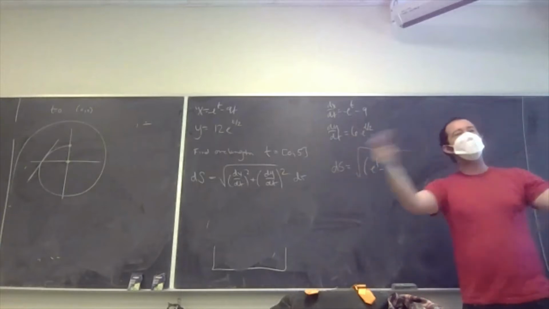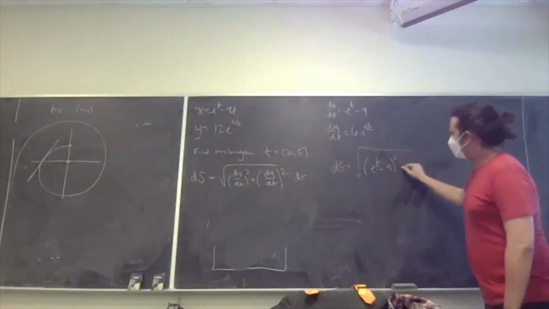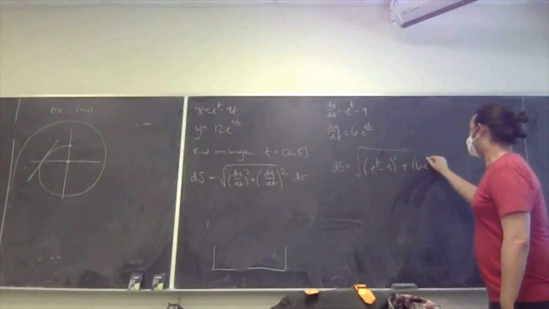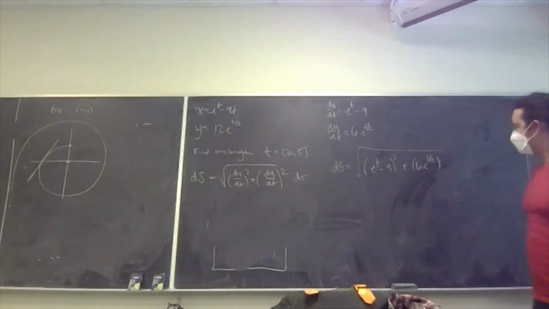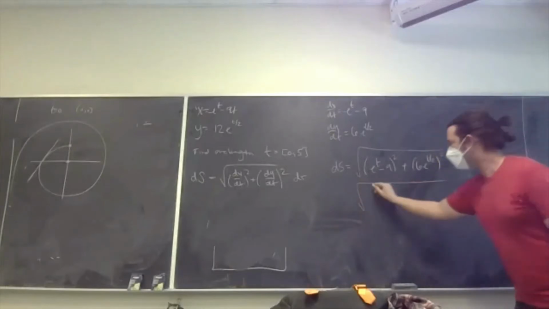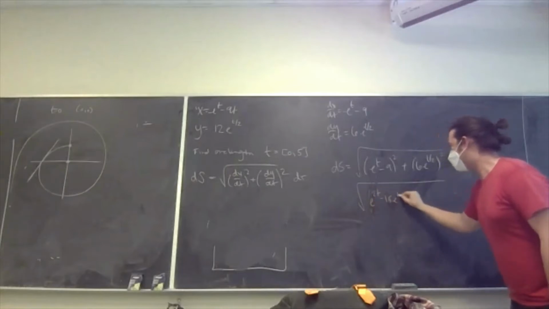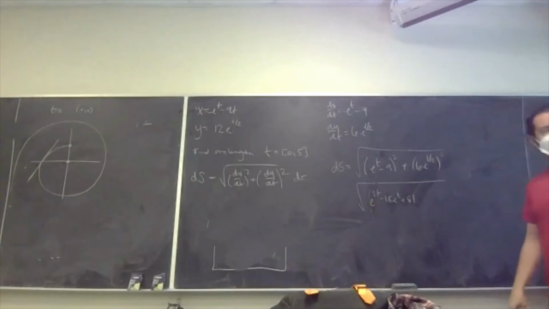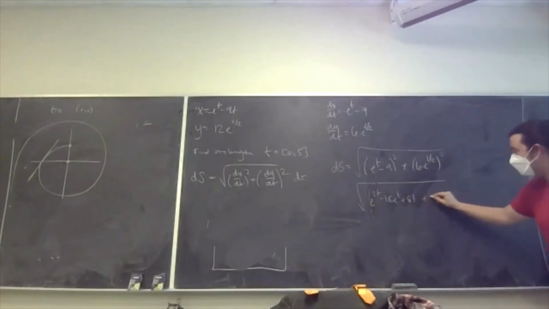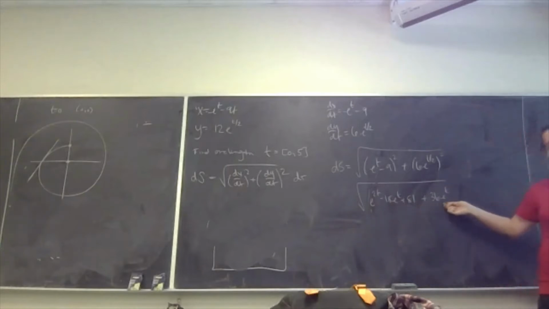This is a trick you should have seen a million times when you did this in calculus 2. So if I take that and I square it and I add it to this thing squared, oh, that's a square right there. So this turns into e to the 2t minus 18 e to the t plus 81 plus 36 e to the t. Look, negative 18 e to the t plus 36 e to the t is positive 18 e to the t.